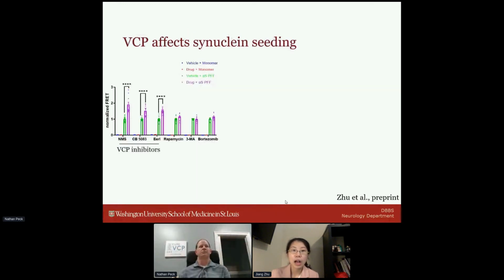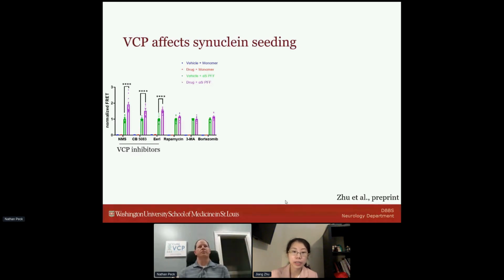Also, in parallel with the genetic knockdown, we also used different VCP drugs, the NMS, CB drug, and L. And we see all three inhibitors show the same increase, but it does not happen with autophagy modifiers or proteasome inhibitors.